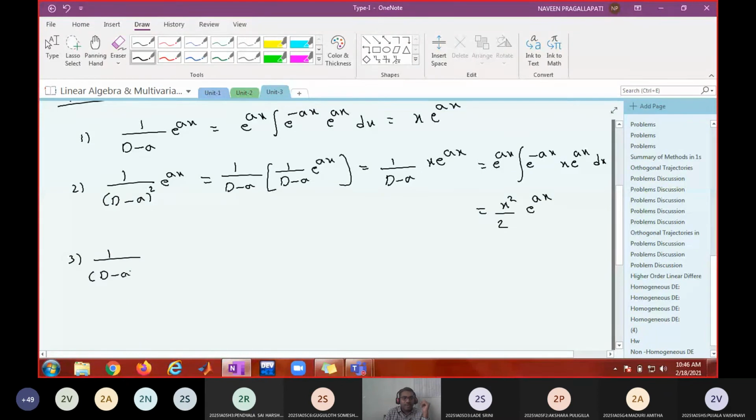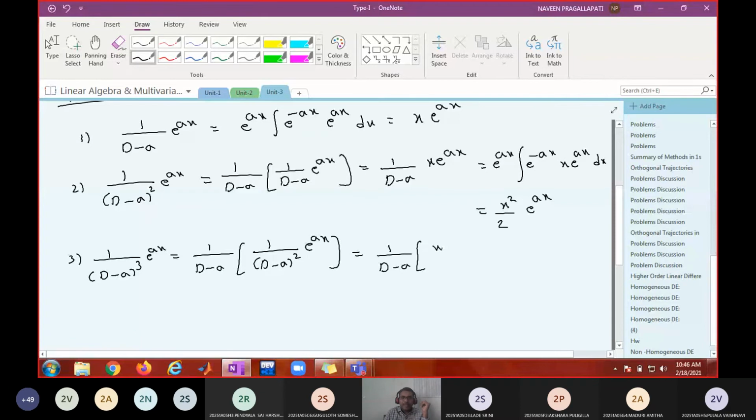It is 1 by d minus a whole cube. What will this be? 1 by d minus a of 1 by d minus a whole square of e power x. What is 1 by d minus a whole square of e power x? Already we did it in the previous step: it is x square by 2 e power x.